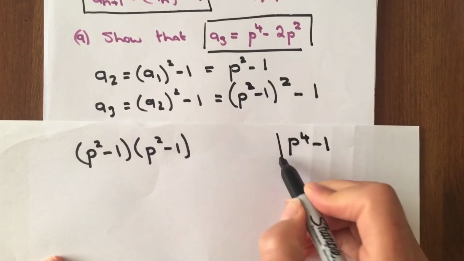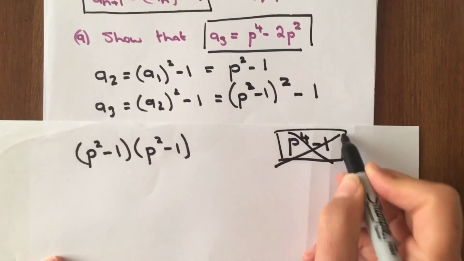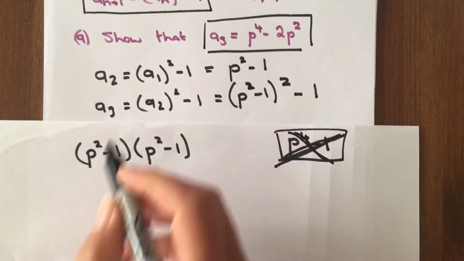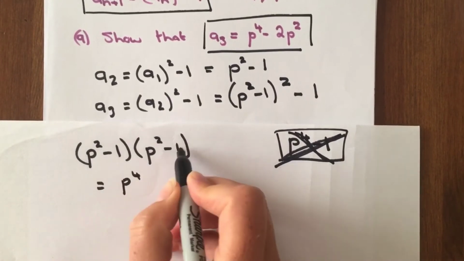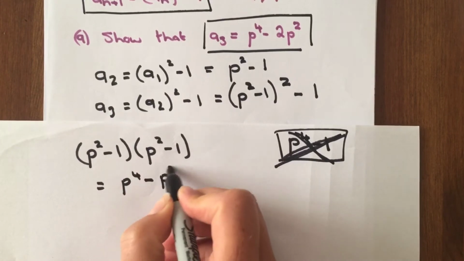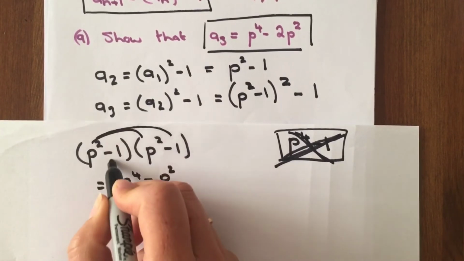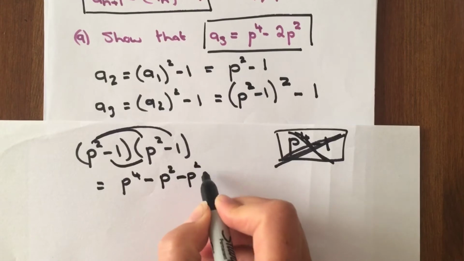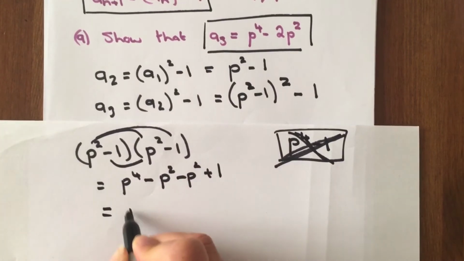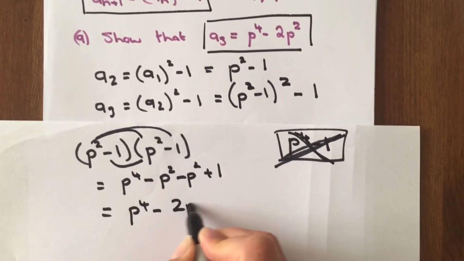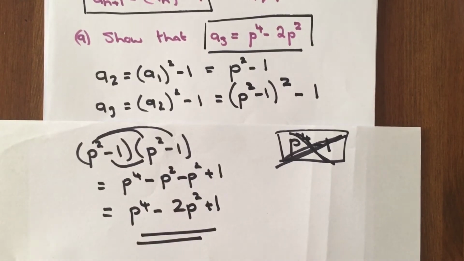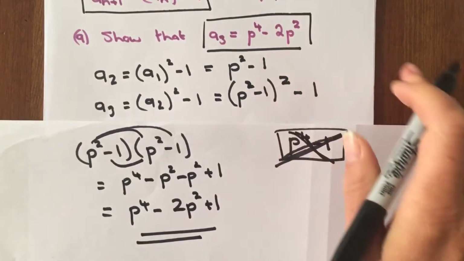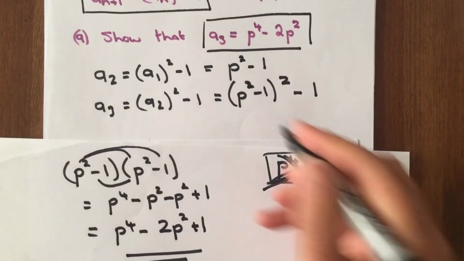I have seen this so many times. It is wrong. You have to do P squared times P squared, P squared times negative 1, and so on. So I've done this, and then minus P squared and then plus 1. So this is what I get. That's just your algebra. Right, so let's put that back into my expression.